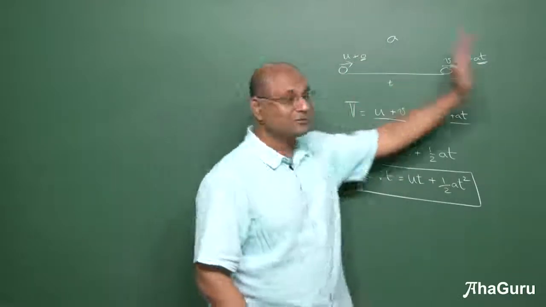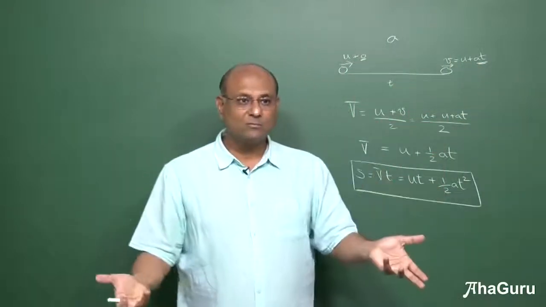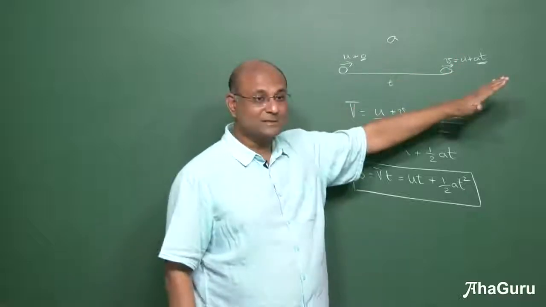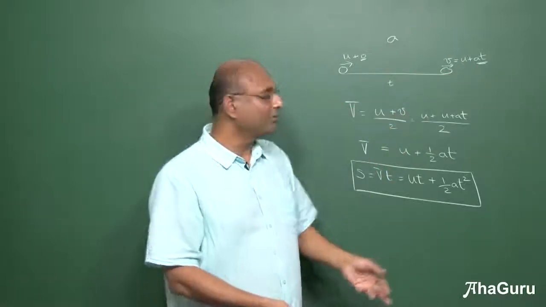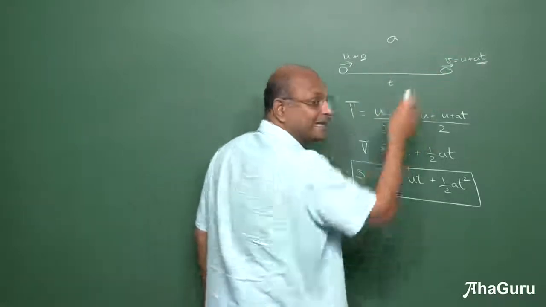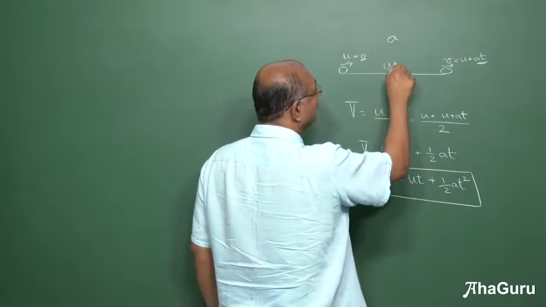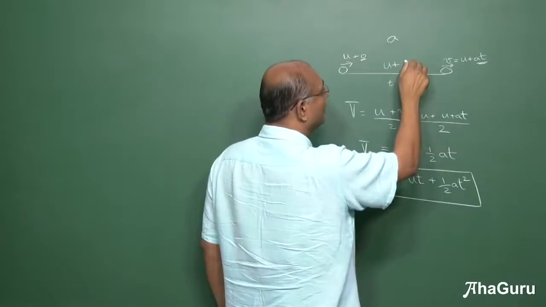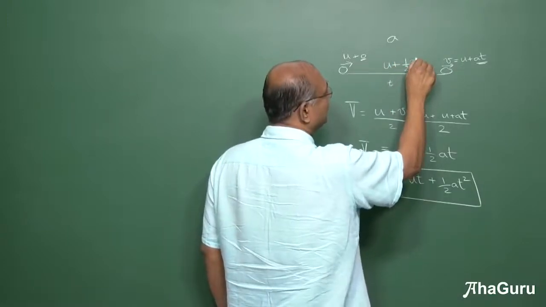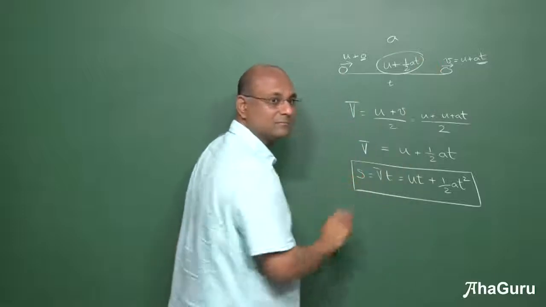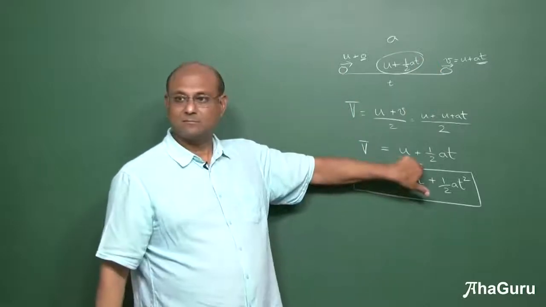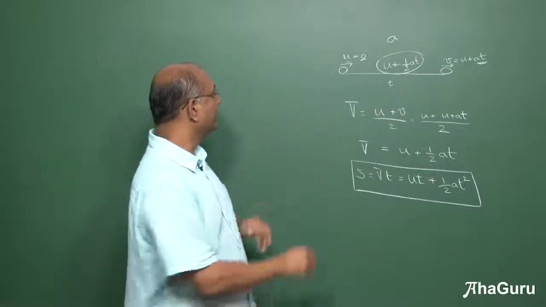Suppose it was u and that was also u. What is the average? u. u plus 0, u plus at, average: u plus 0 plus at by 2, or half at. That's the average velocity. In the beginning you had u.